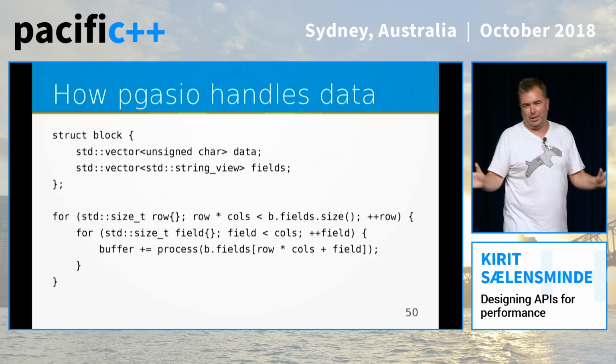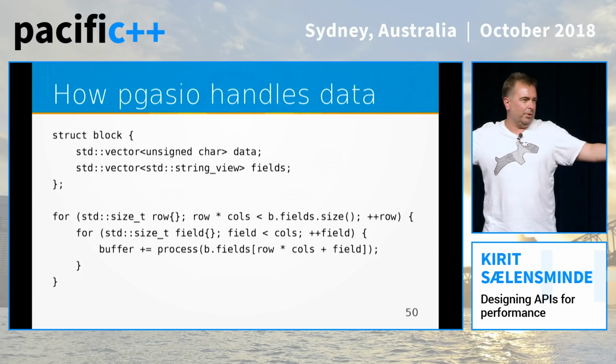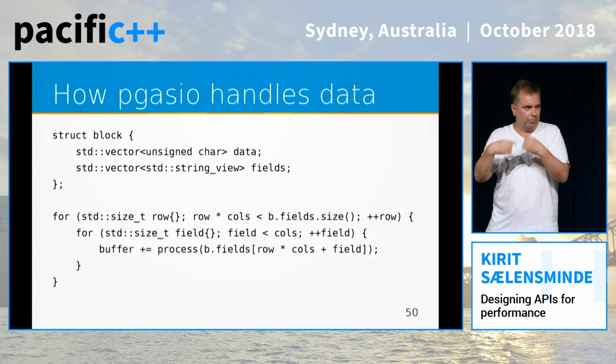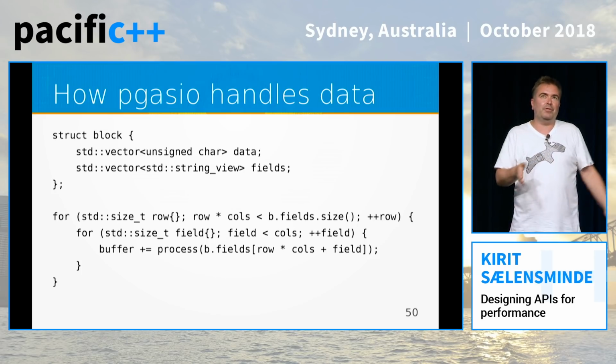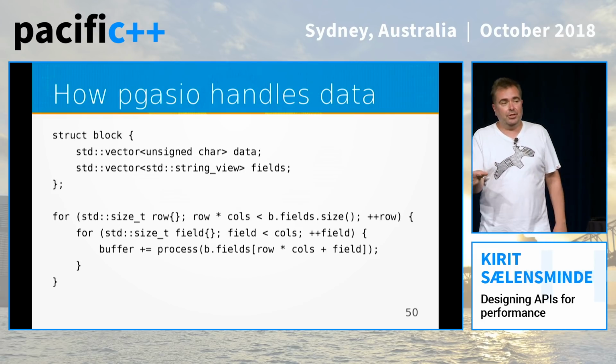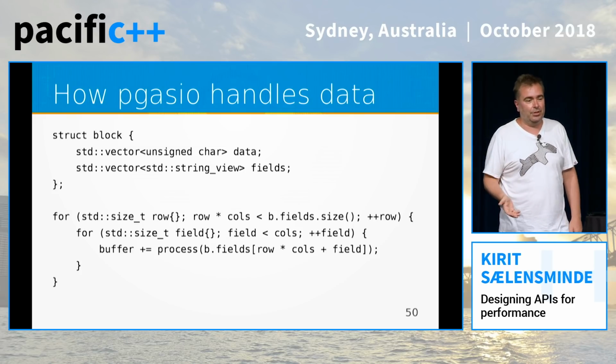It doesn't try to do anything clever. What we actually do is we do the read into a separate block of memory, and then we copy the bits in until we get to a row that will no longer fit in this data member. So it's not as efficient as it could be. It's still doing a lot more copying than it actually needs to do.